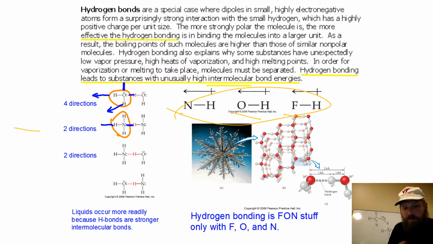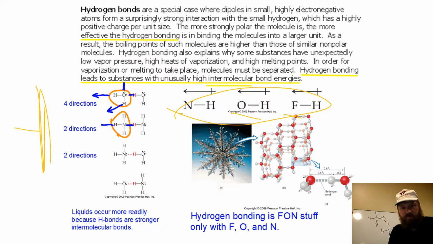Now, water molecules are very strong. I've got a drawing over here on the left, and I mentioned that water molecules can bond in 4 directions, where NH3, ammonia molecules, can only bond in 2 directions. I'm really going to have to go over this in person with models in front of me to make it clearer, but really, if you think about it, each hydrogen can reach out to an electron pair on another oxygen.